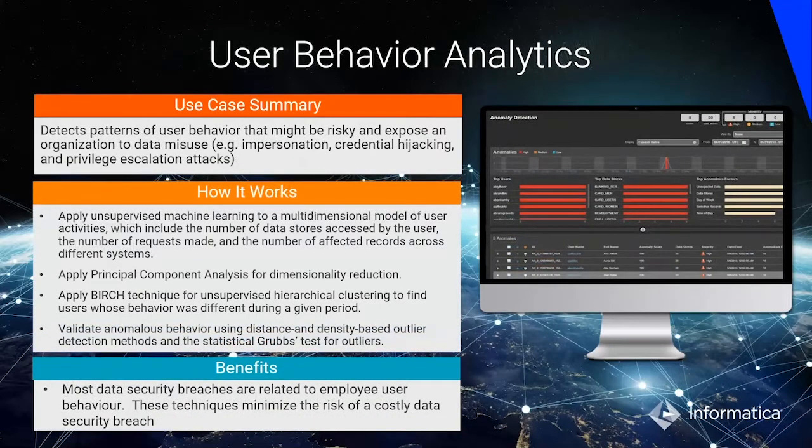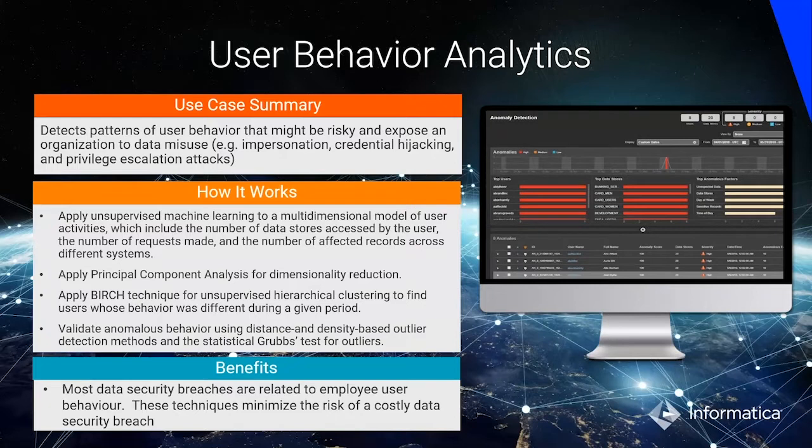So user behavior analytics. Now, this is again one of the key capabilities of Claire that we made available in data privacy management. Now, Claire uses statistical and machine learning approaches to detect data outliers and anomalies. The user behavior analytics capability detects patterns of user behavior that might be risky.